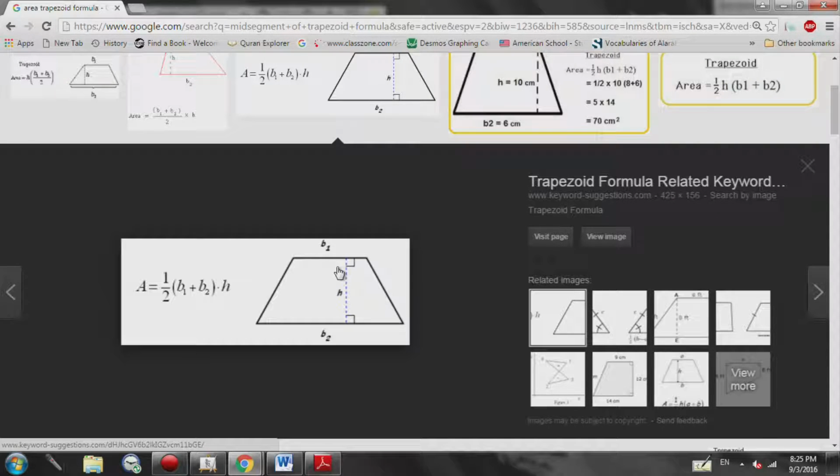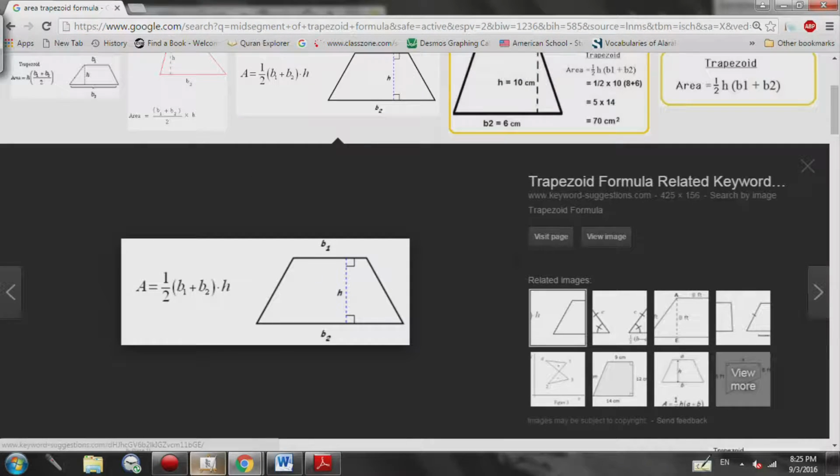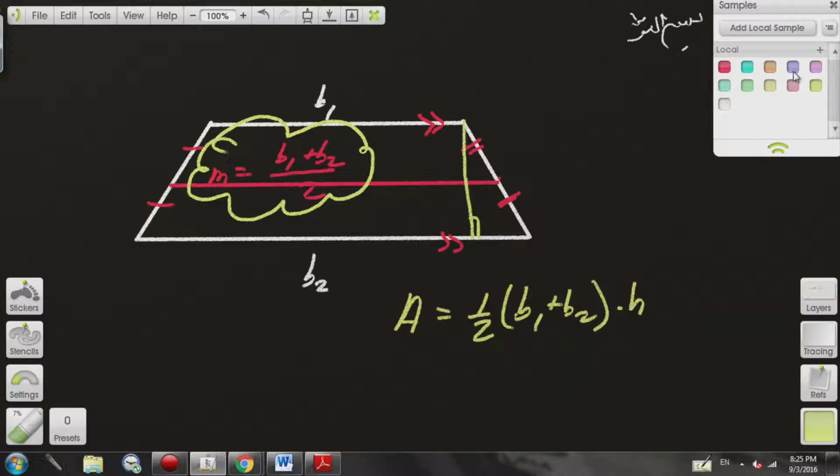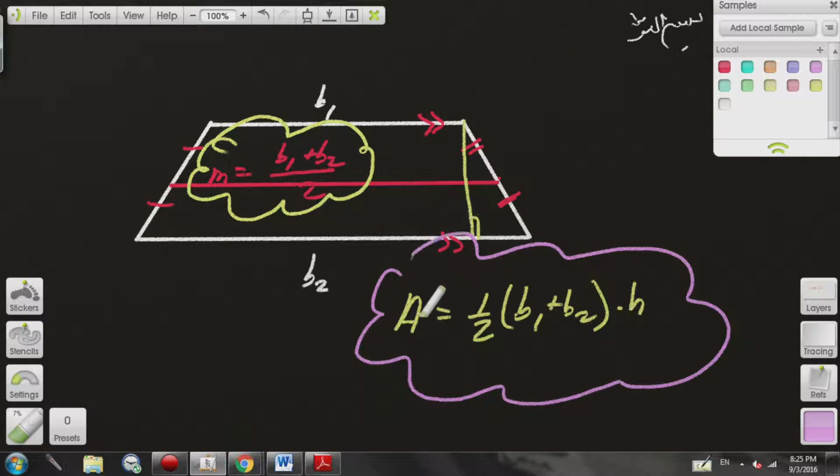Those are two things I wanted to bring to your attention: the area of a trapezoid, and the mid segment length, which is the average of the bases.